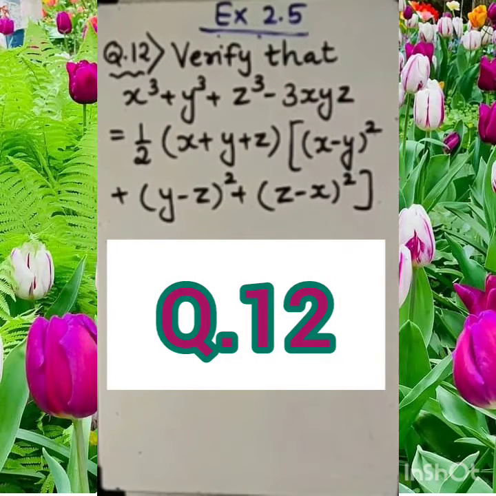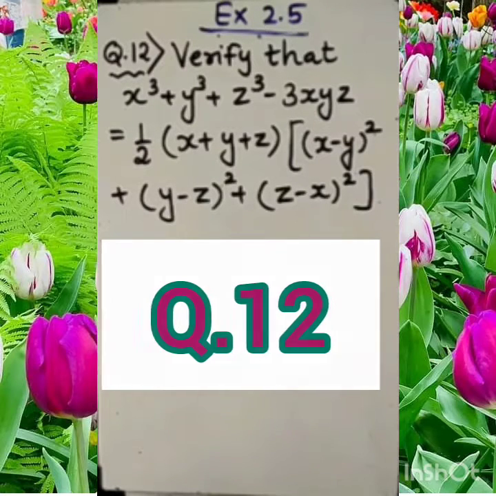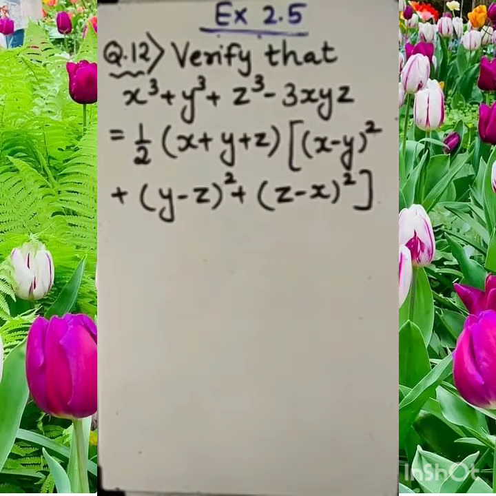So, my dear student, here question number 12 we are given: verify that x cube plus y cube plus z cube minus 3xyz equals 1 half, in first bracket x plus y plus z, in another bracket x minus y whole square plus y minus z whole square plus z minus x whole square. This is the question.